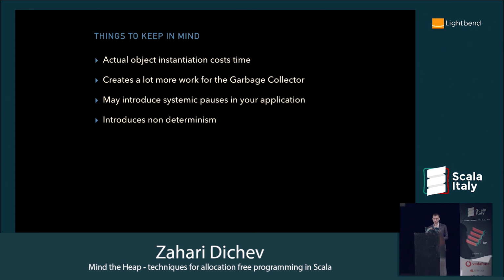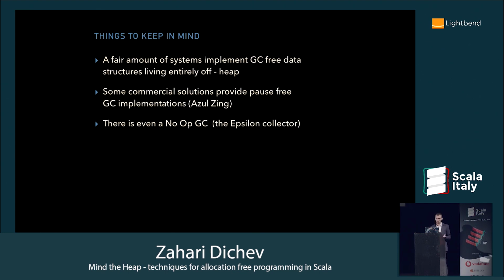on your system. Because of that, a lot of systems implement entirely GC-free data structures that live pretty much off heap. This is fairly hard to get right, especially when you have to deal with problems like concurrency and all of that. There are also some commercial solutions that provide pause-free GC implementations, like Zing.